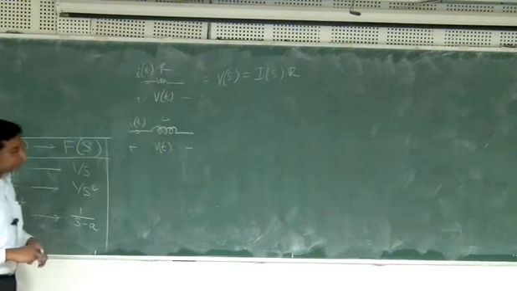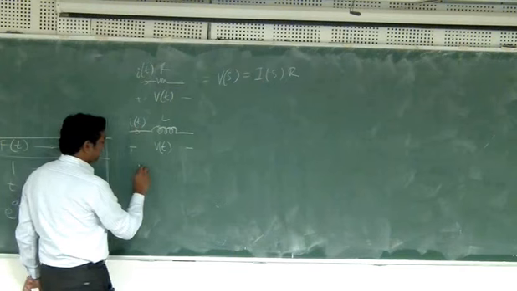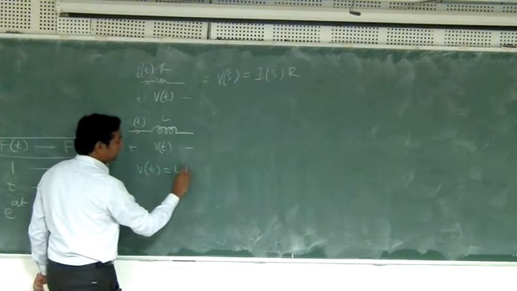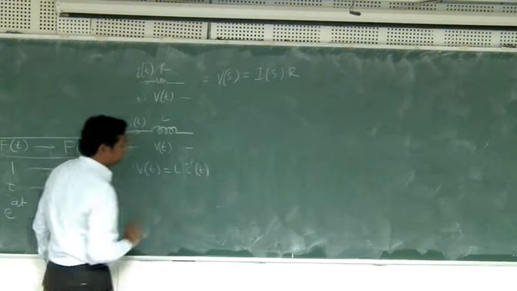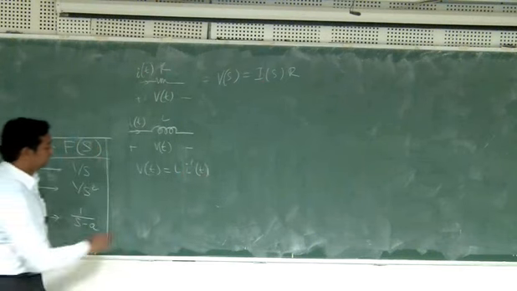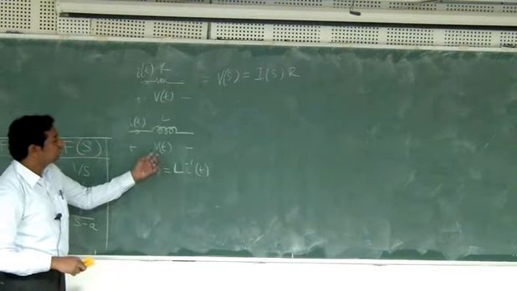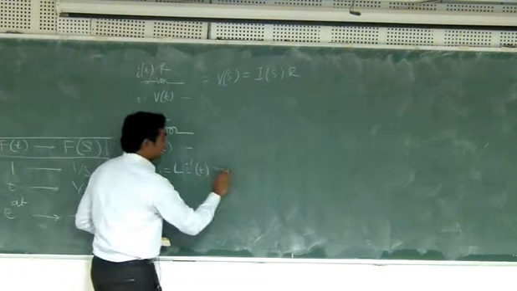So you can interpret it in both ways. So what is the relation here? V of t equal to L into di by dt, or I will write it I dash t. So this is the relation between these two, and when you transform this one, what you will get?